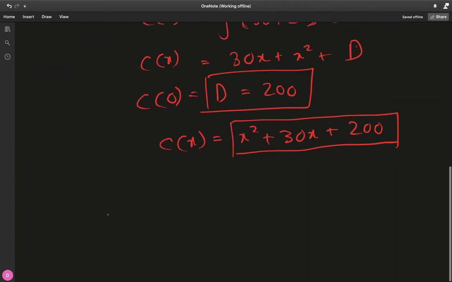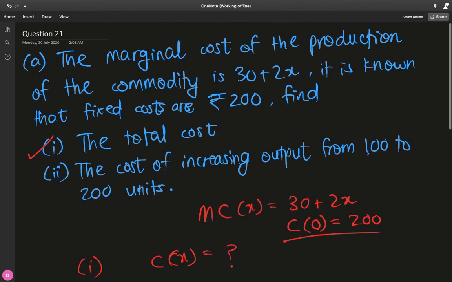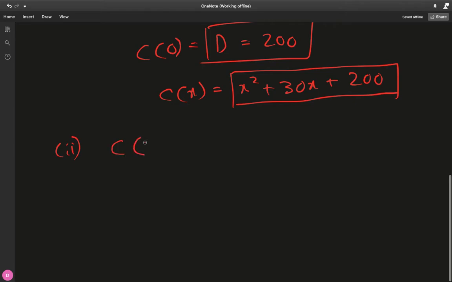So now part 2, it says the cost of increasing output from 100 to 200. So that's saying cost of 200 minus cost of 100. So if you start producing 200 products, how much more costly is it compared to the cost incurred in producing 100 products?